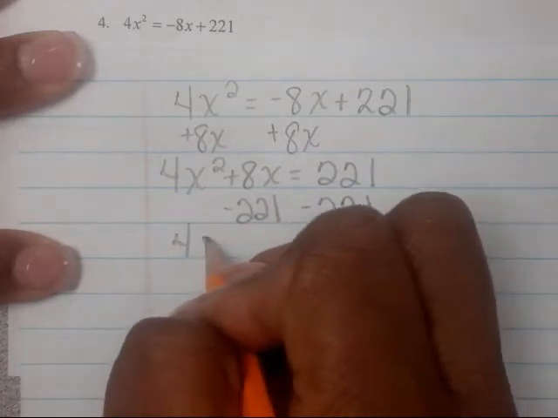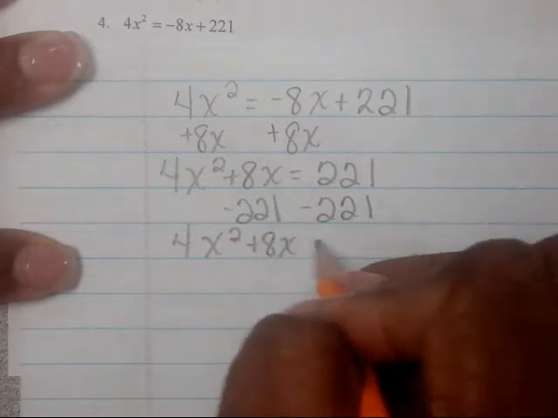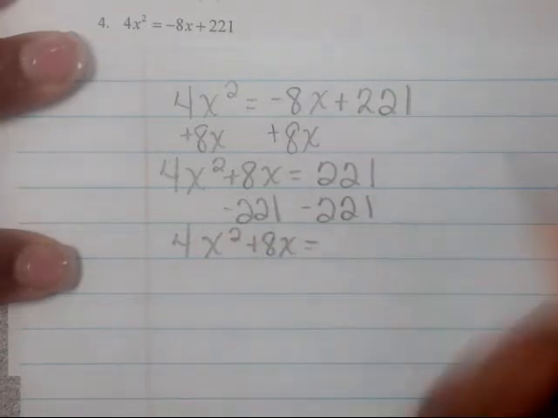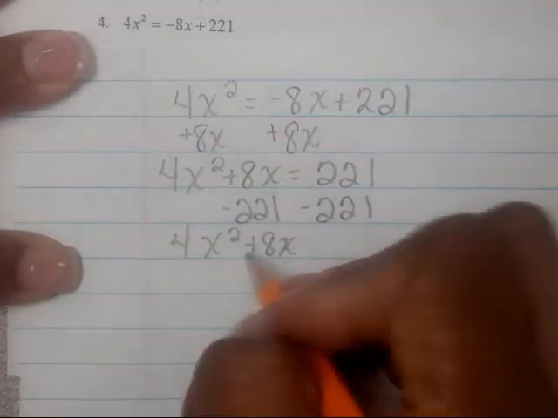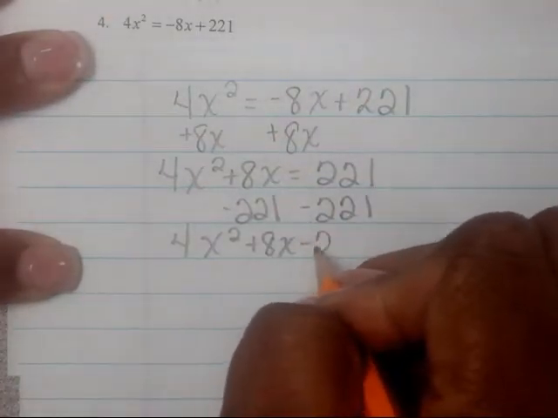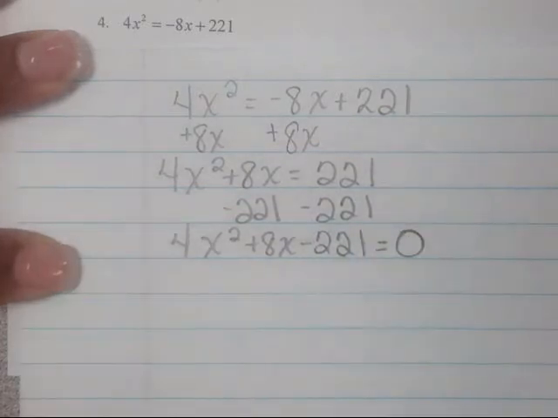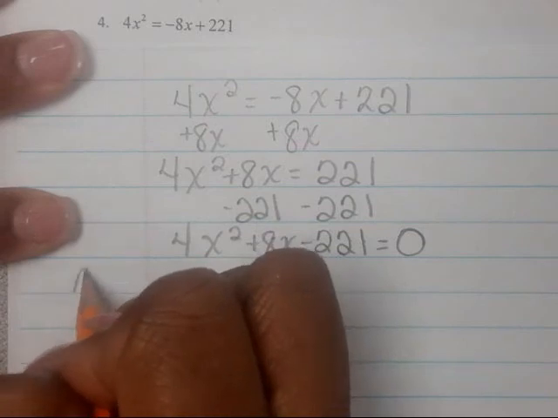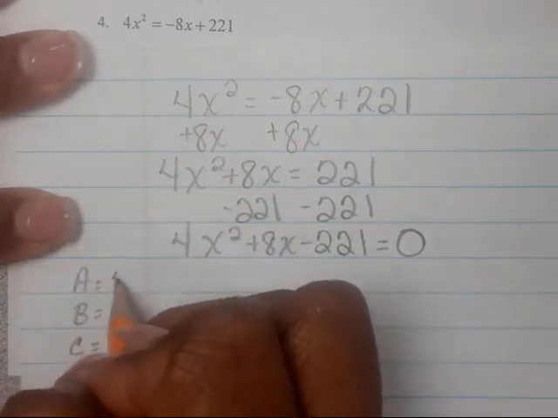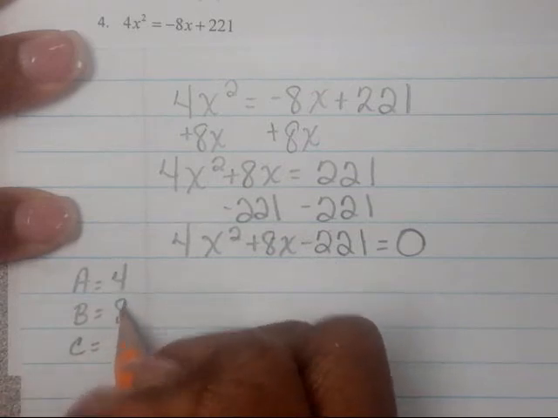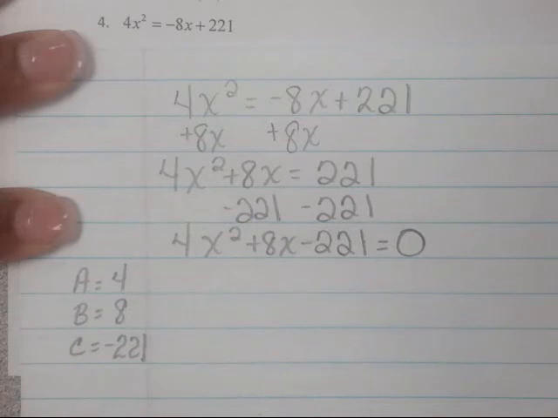And my new equation becomes 4x squared plus 8x, excuse me, I forgot my minus 221. So 4x squared plus 8x minus 221 equals 0. Now I can identify my A, B, and C. A is 4, B is 8, and C is negative 221.